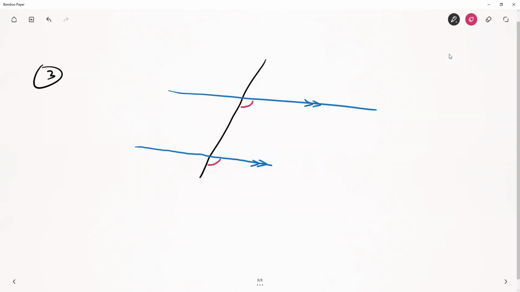These angles are corresponding angles. It's like making the letter F, okay, corresponding angles. In our native language, Bahasa Indonesia, it's called sehadap.